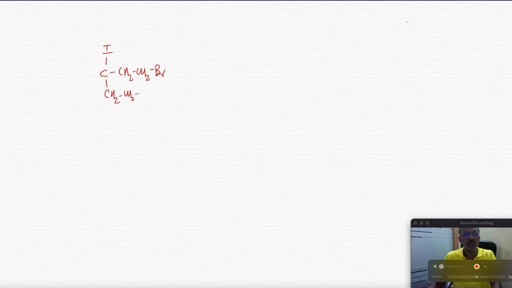Now we will do one more example, which will be slightly more complicated, but very useful. Take for example, this is the carbon atom. On this, I is situated. This is CH2Br, and this is CH2CH3.